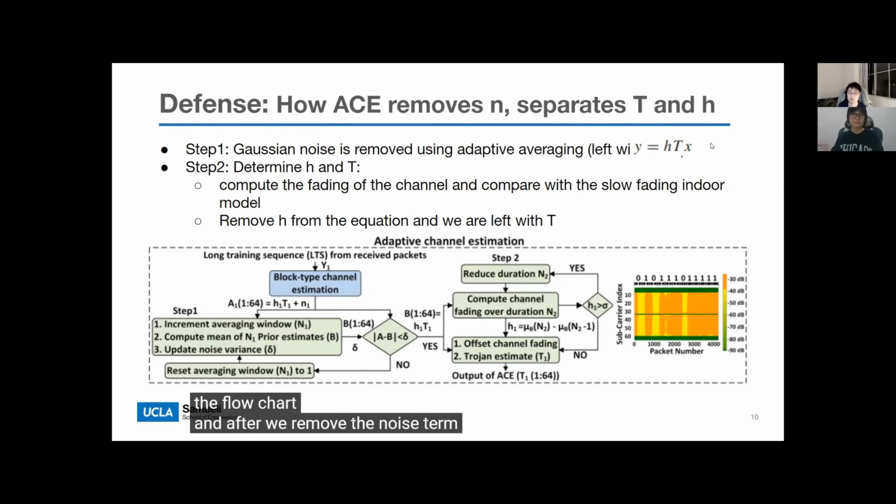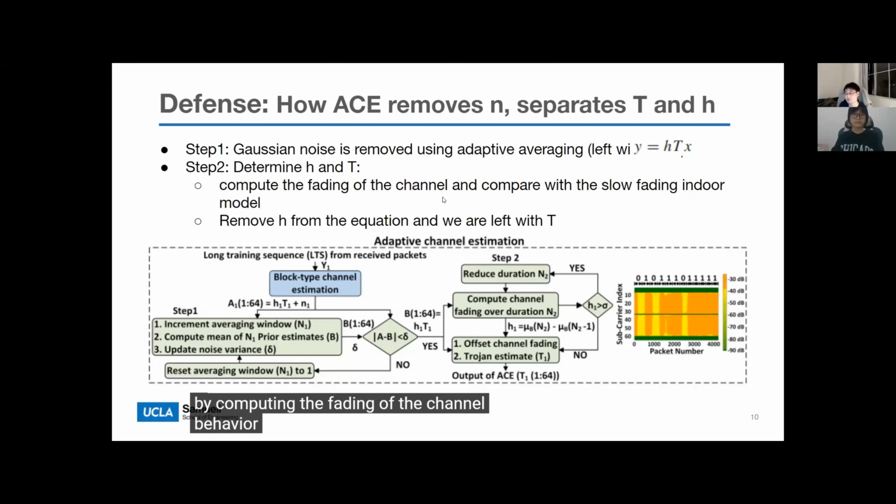And after we remove the noise term n, the next step is to determine h and t. The way that ACE calculates h and separates h and t is that it first calculates h by computing the fading of the channel behavior over a certain duration, and compares this fading of the channel over time with the slow fading indoor model, which is developed as a very standard channel fading behavior.